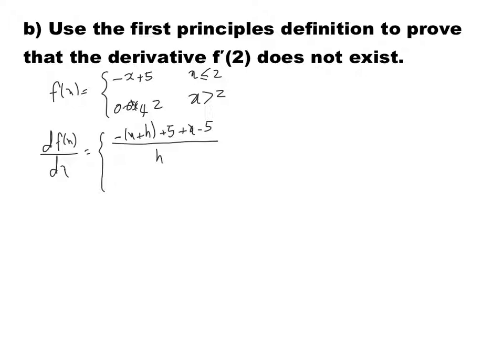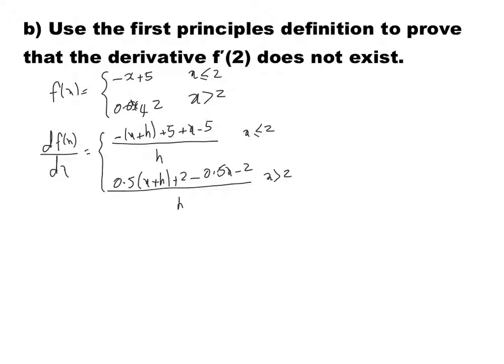And for the second part, it is going to be 0.5(x plus h) plus 2 minus 0.5x minus 2, over h. Here x is less than or equal to 2, here x is greater than 2.